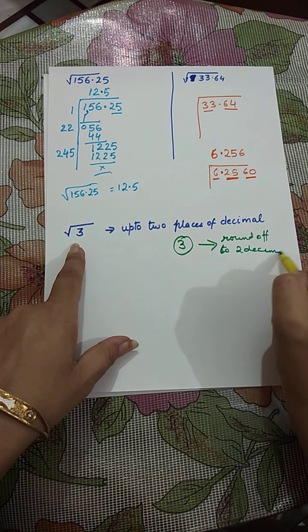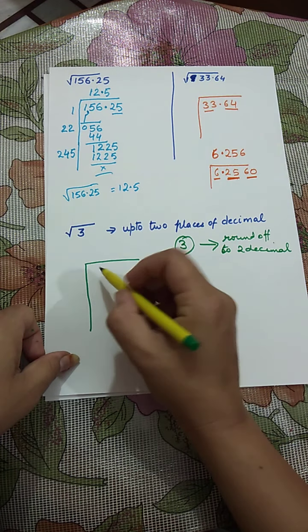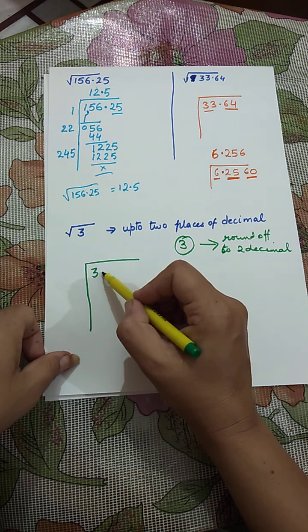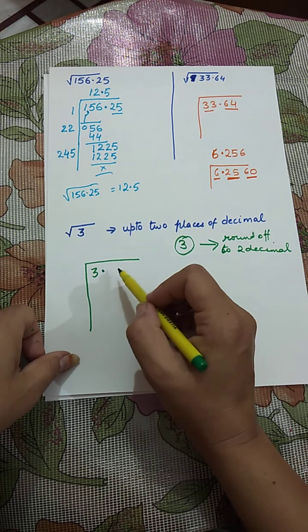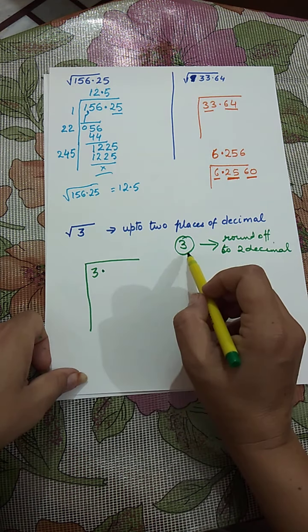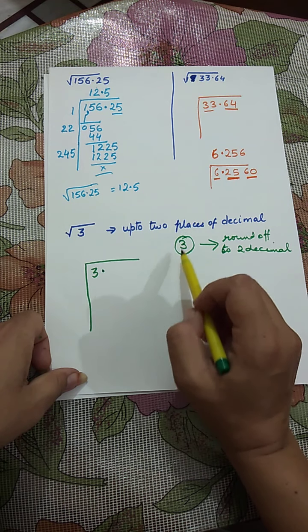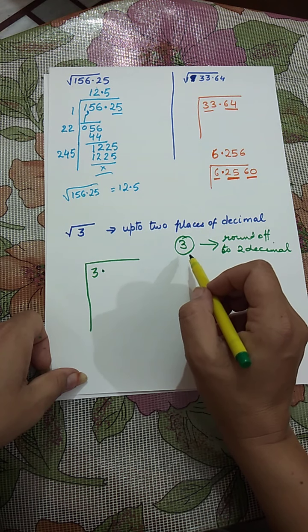So I am going to solve under root 3 for this. 3, I am going to put a decimal, because the whole part is only 3, so all the decimal part I am going to add myself. So we need to find 2 decimal places, so I need 3 pairs of decimals.